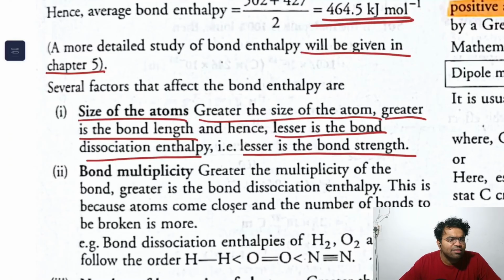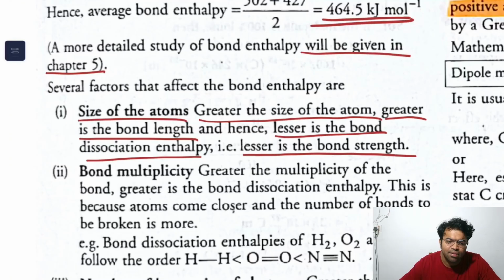Now what is happening here is, as the distance increases, this attractive force reduces in strength. Therefore, what ends up happening? They are not as tightly held together as compared to molecules having smaller atoms.